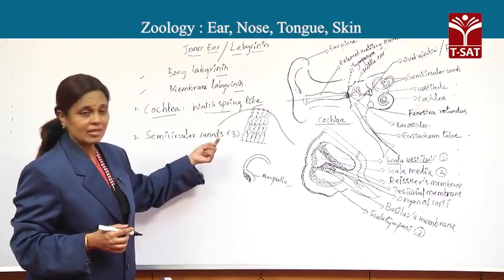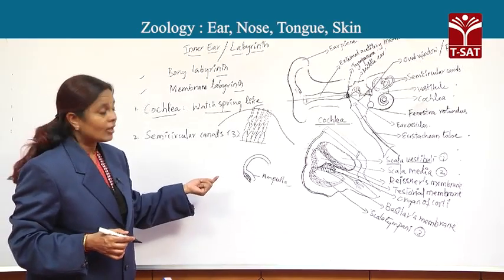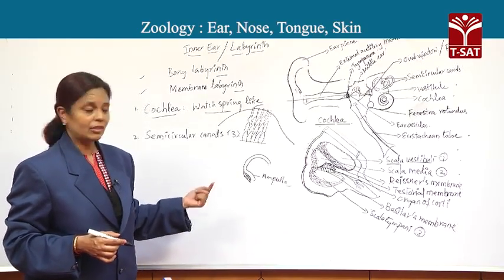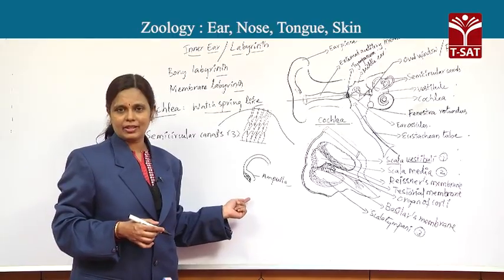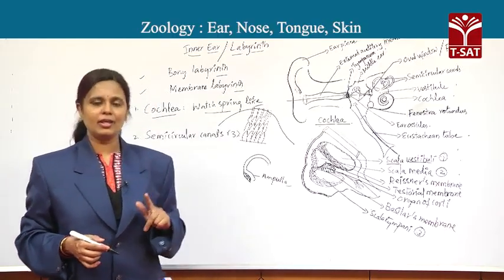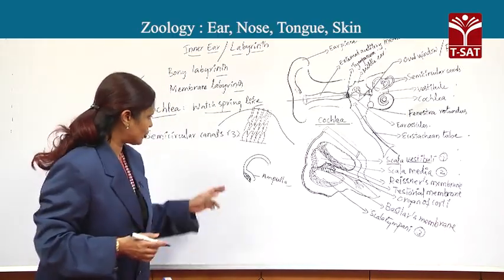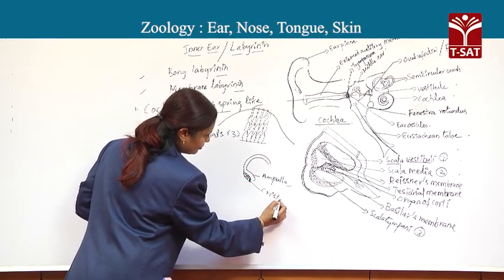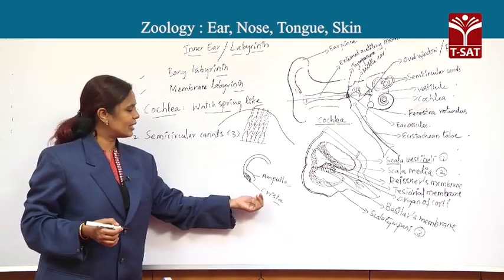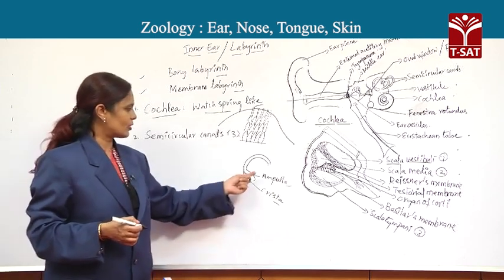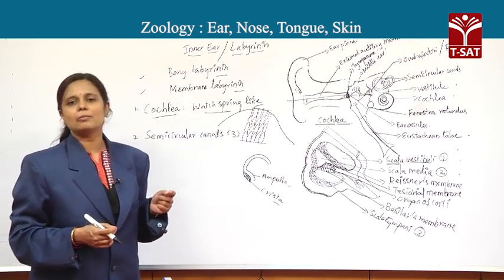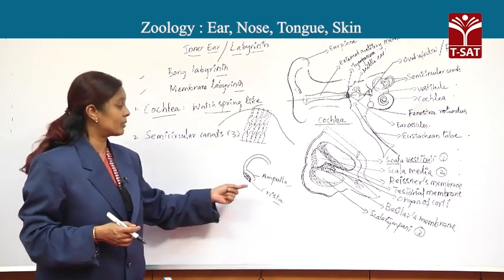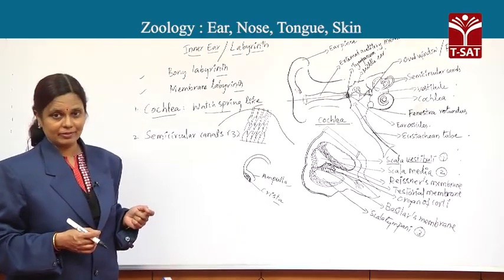So, when there are 3 semicircular canals, how many ampullae are there? That means there are 3 ampullae. Inside each ampulla, there is one sensory ridge called crista. Crista singular, cristae plural. You also call it cristae ampullaris because they are present inside the ampullae.